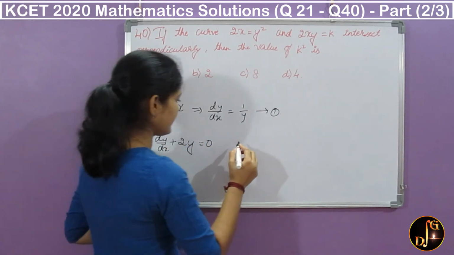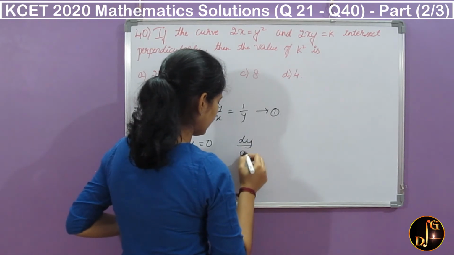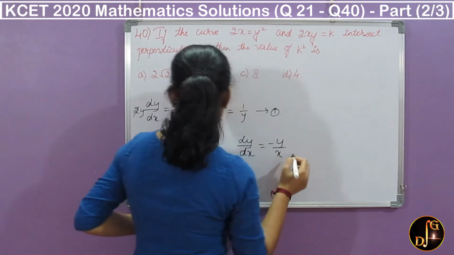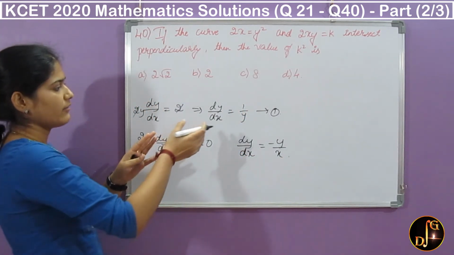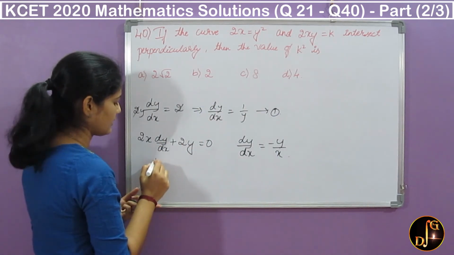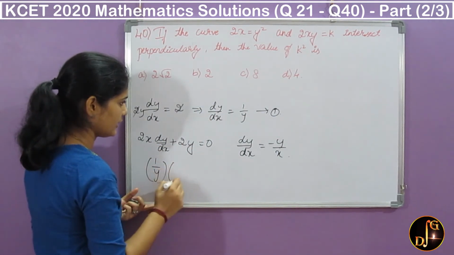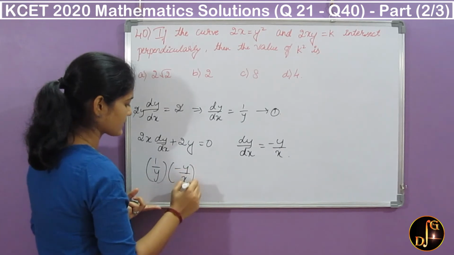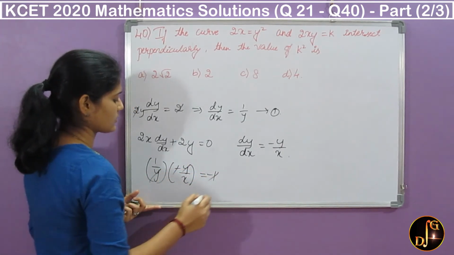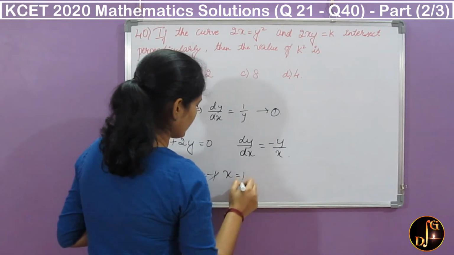So we will get dy by dx is equal to minus y by x, right? We know that the product of these two is equal to minus 1. That is 1 by y into minus y by x is equal to minus 1. Y get cancelled, minus 1 get cancelled, so x is equal to 1.